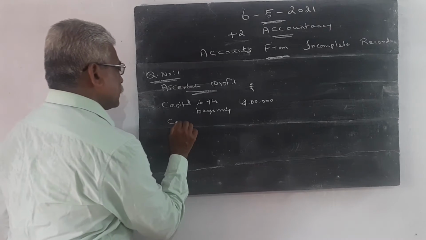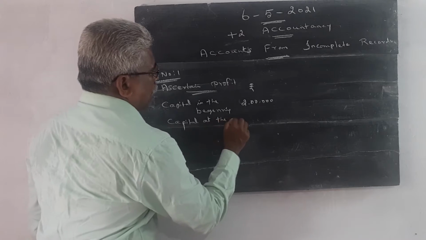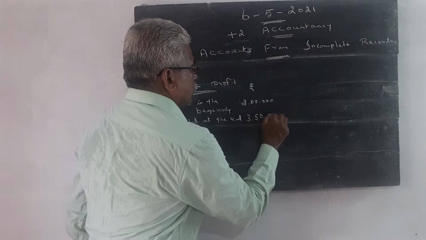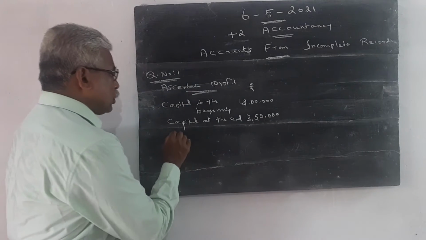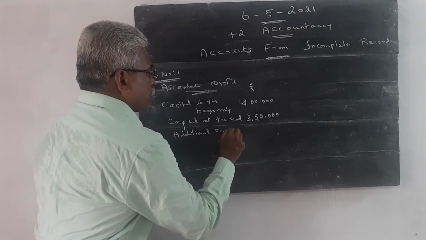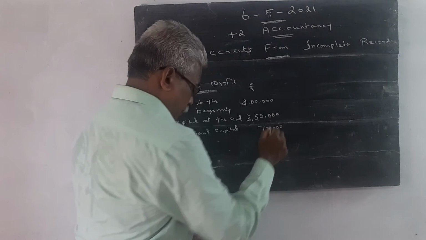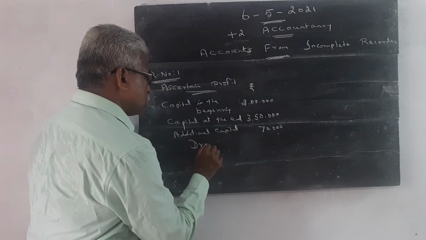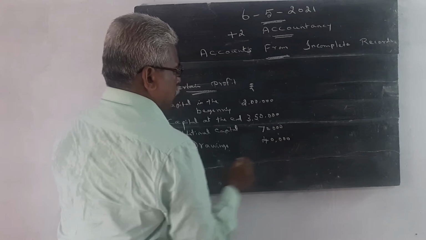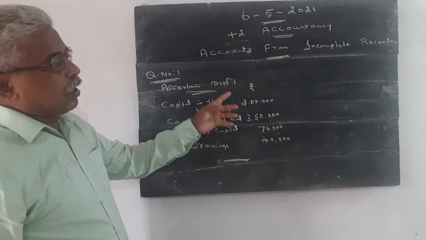Capital at the end, rupees 3,50,000. Additional capital 70,000. Drawings 40,000. With the help of this information, we have to ascertain profit or loss.